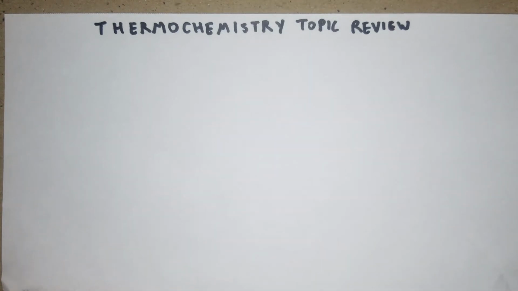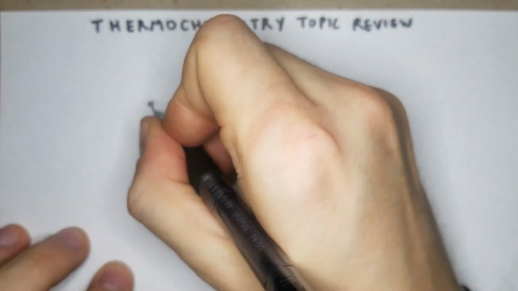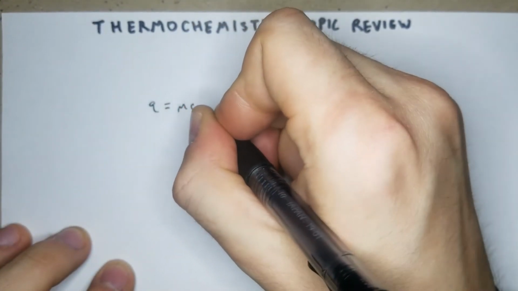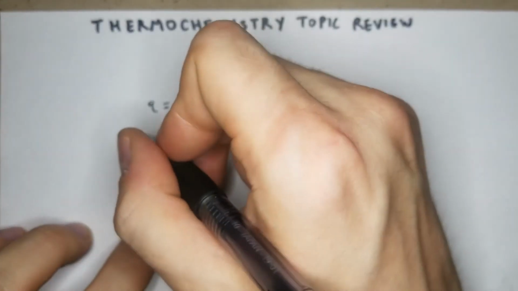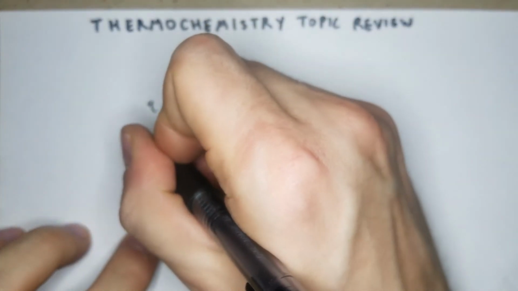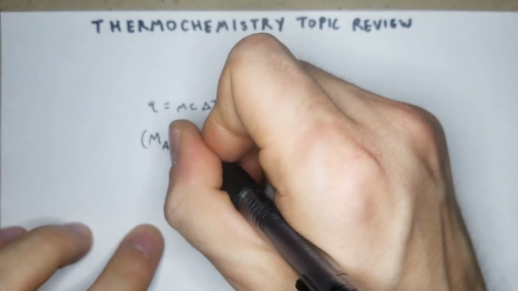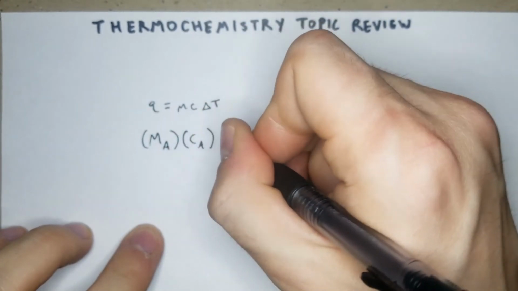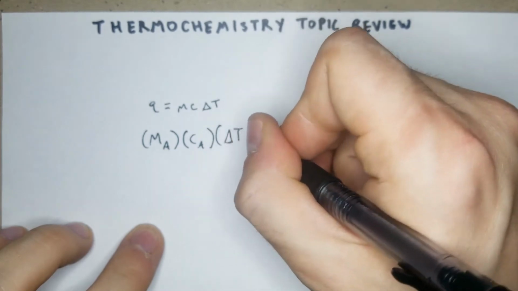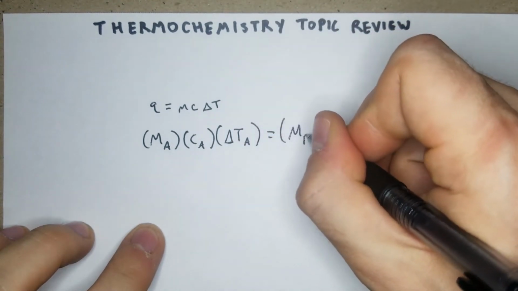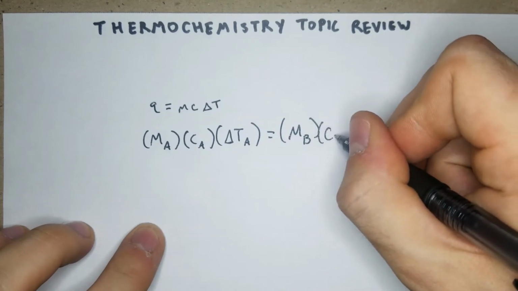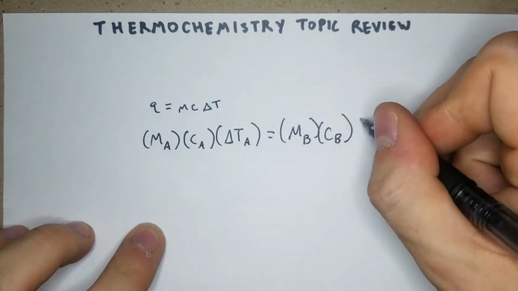The next topic is calculating specific heat. You're always going to use Q equals m c delta T. And from there you can also use this: m of A times c of A times delta T of A is equal to m of B times c of B times delta T of B. It reminds me of one of the ideal gas laws.